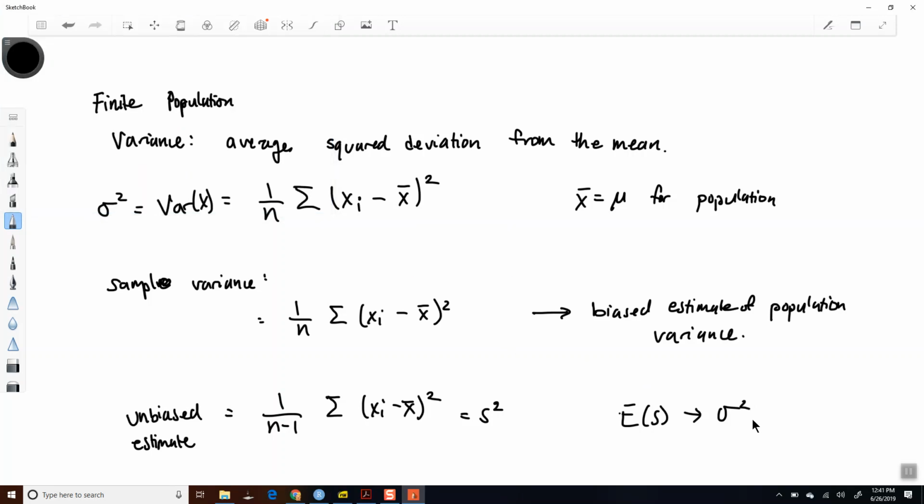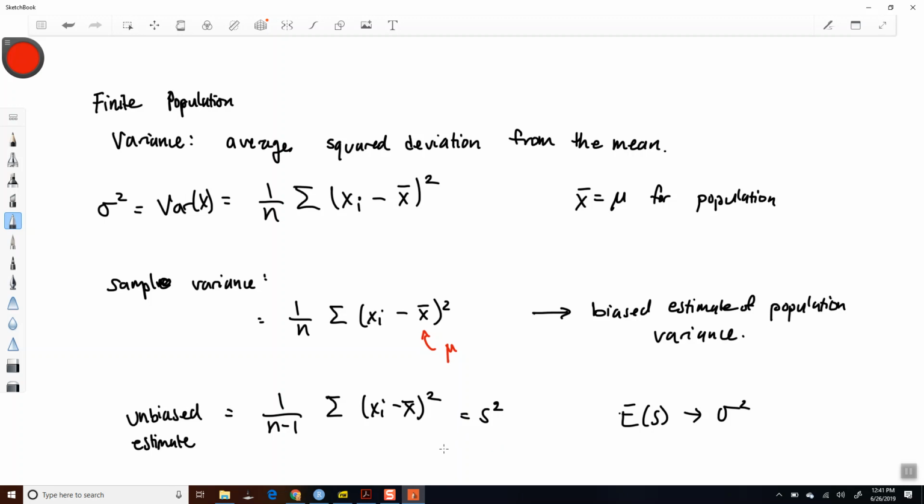Why is this unbiased and the other one's biased? Is there something I could do to this to make it unbiased? If I replace this with what symbol will it become unbiased? Mu, right? If I knew what mu is, then this becomes unbiased.